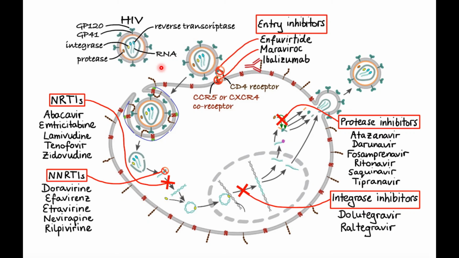The entry begins with the interaction with the CD4 receptor on the CD4 positive T lymphocyte. This is the most important cell in human immunity, and the entrance begins with the interaction with the CD4 receptor that is located at the surface of the T lymphocytes.